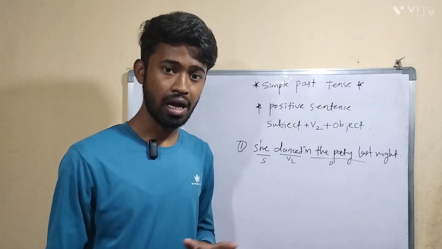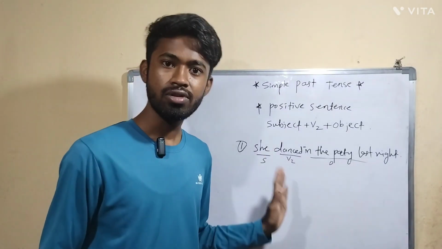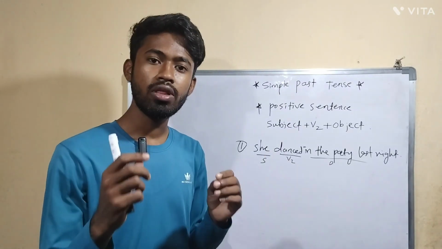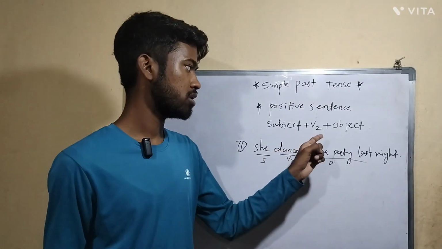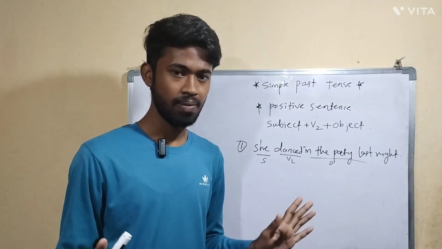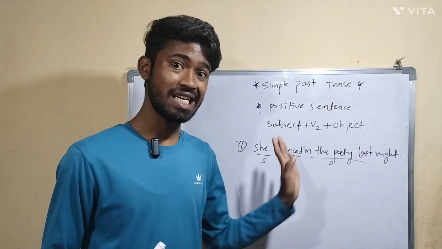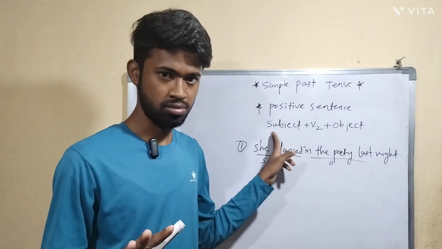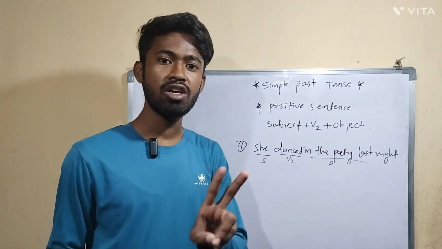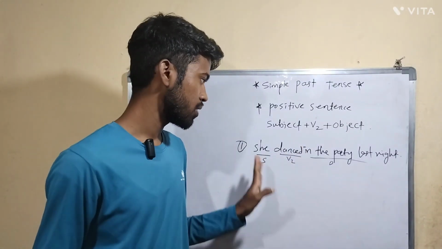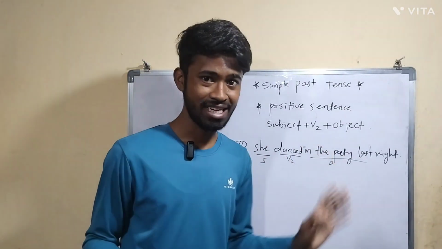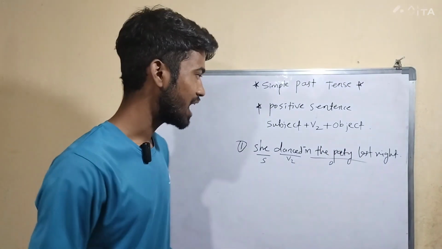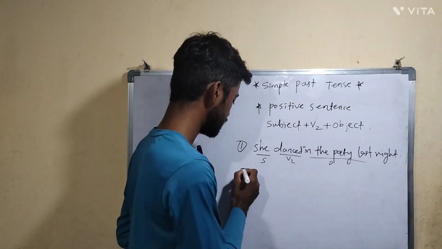Subject-verb agreement. But here, with singular, with plural, with all the verbs it is the same: subject plus second form of verb, that's it. So that's what makes it easier. First the subject, which can be singular or plural. After that, directly you have to use the second form of verb. She danced in the party last night. So this is one example.